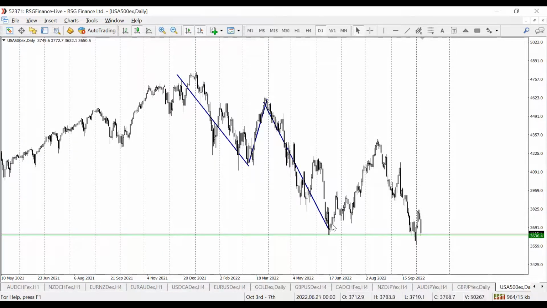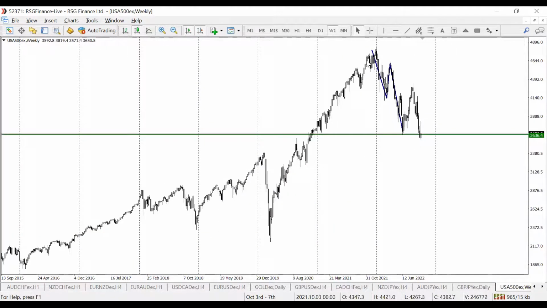Now, the structure doesn't lie. If the market has taken out this last low, it means that we are at the early times of market capitulation. I've been talking about this, that every data shows we're headed into a major global recession. And of course, this is already being evidenced as we see price taking out the last low.